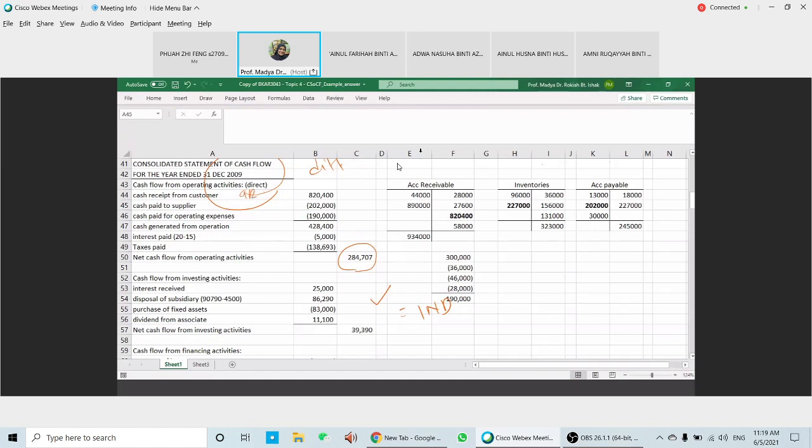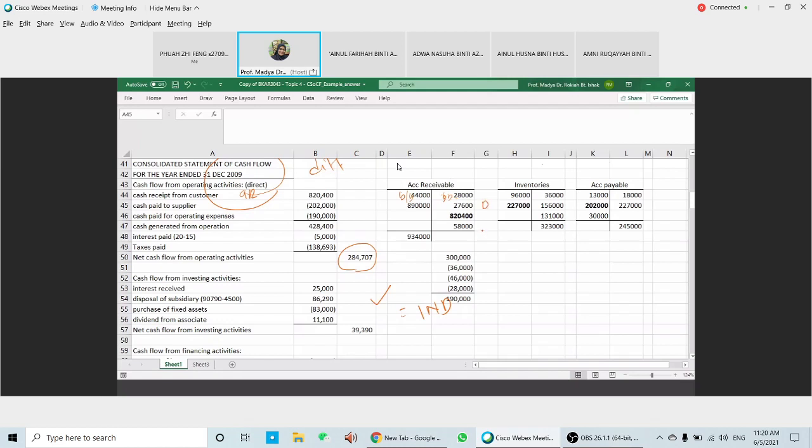So accounts receivable, the beginning balance that you have here, this is your 28. What do you have for 28 for accounts receivable here? 28 here is the bad debt allowance. Yes, 28 bad debt allowance. 27 is the one that you dispose.